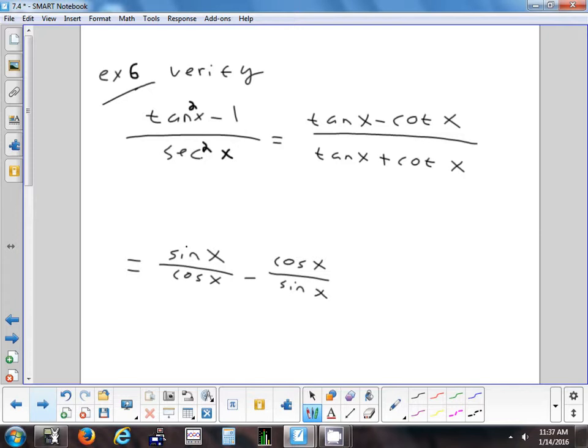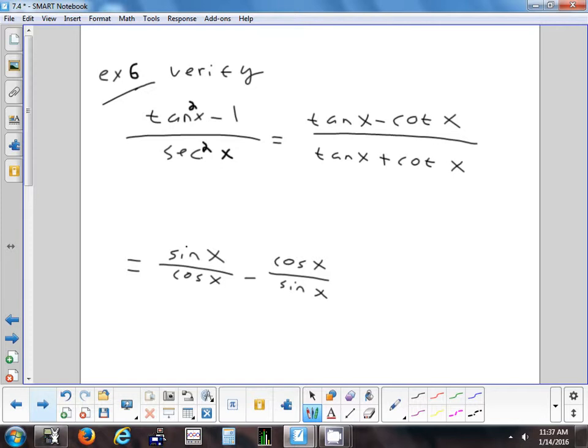Just trying to think if there's an easier way to do this problem. Sometimes changing to sines and cosines is a good first step. But you could also change tangent to 1 over tangent, and I'm wondering what happens if you just had all tangents. Keep in mind, our final answer has a tangent in it, so by changing everything to sines and cosines, we're getting rid of something that we hopefully want in the final answer.